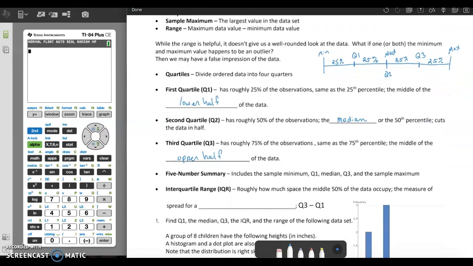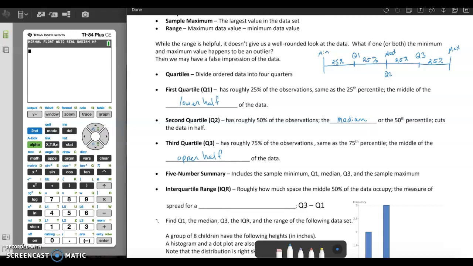The 5-number summary is a summary of information that includes your sample minimum, Q1, the median, Q3, and the sample maximum. So all of these values that we've got labeled on this little diagram here. And then we have what's called the IQR. That is roughly how much space the middle 50% of your data occupies.